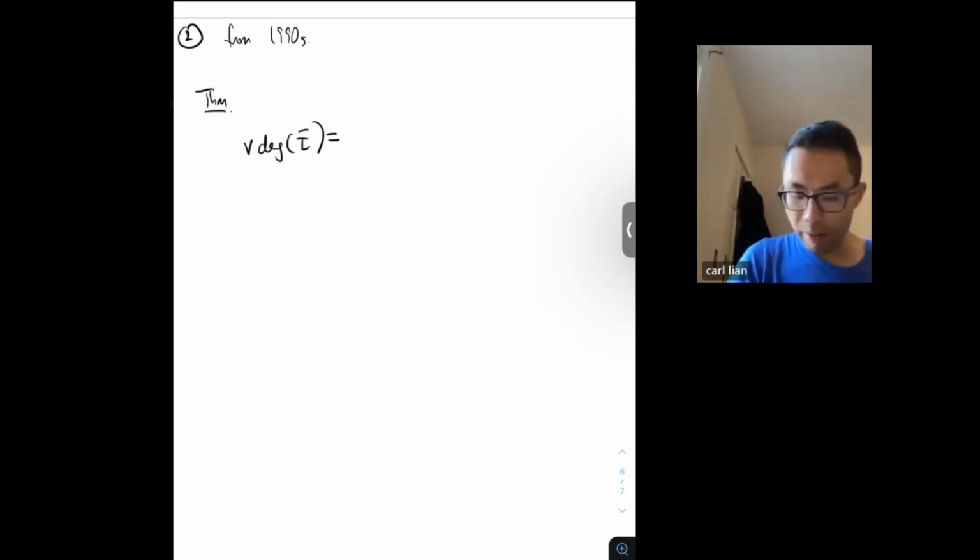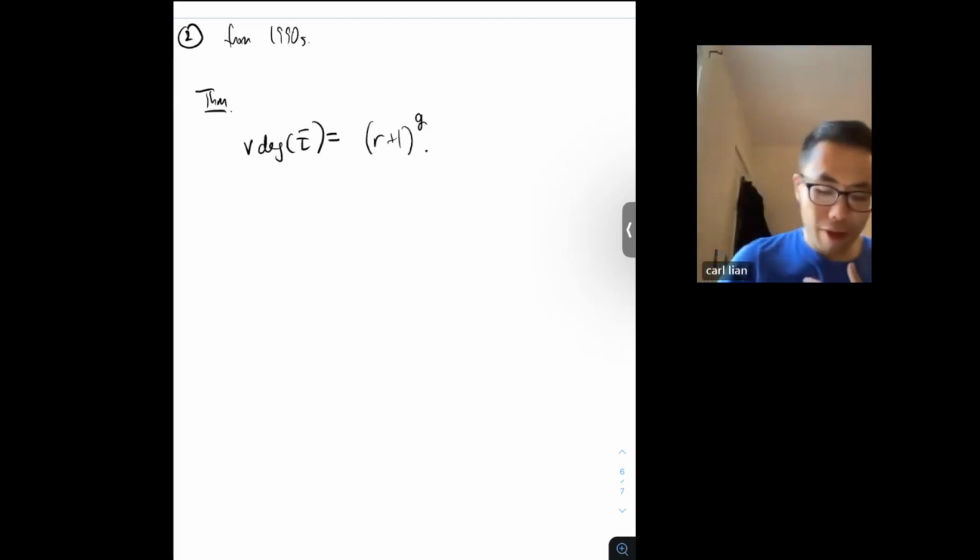And what was found is that the virtual degree of tau has the simplest possible formula. It's r plus 1 to the g. So the virtual number of curves of fixed domain passing through a maximal number of points in PR is r plus 1 to the g, independently of the degree of the map.